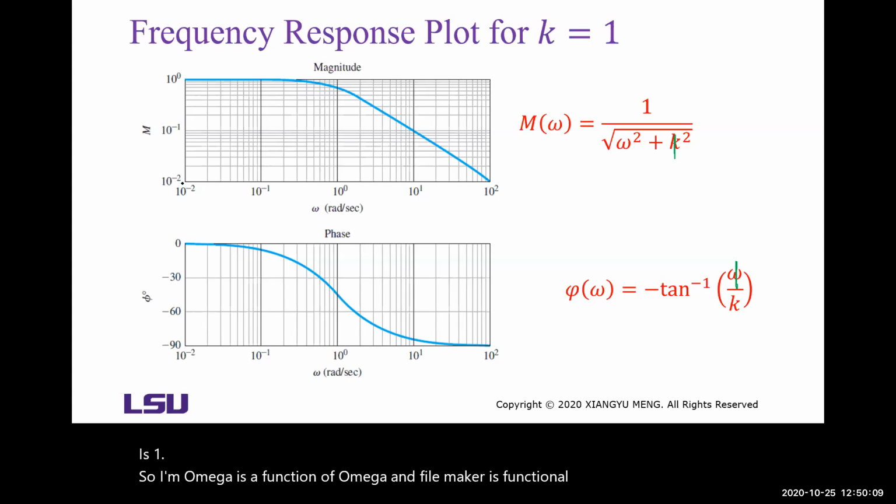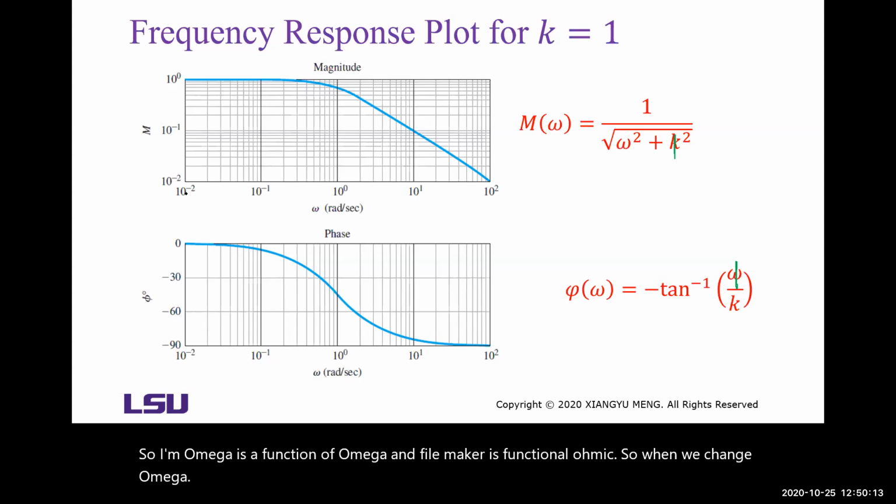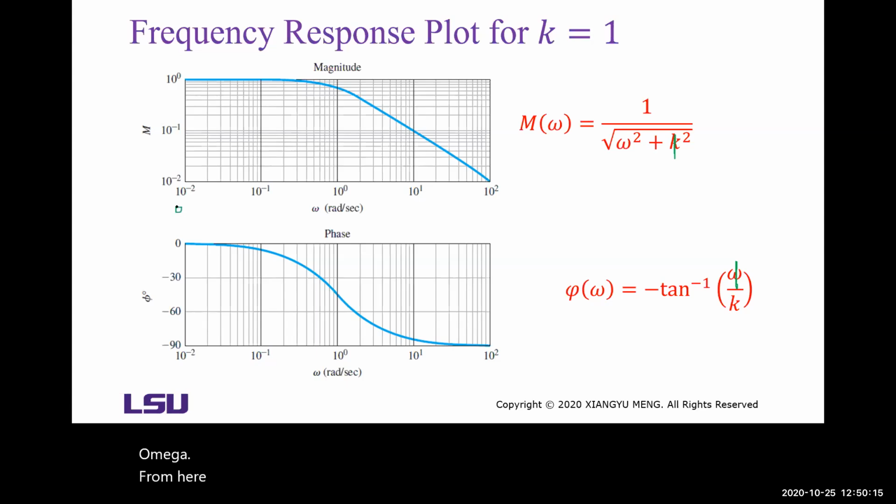When we change ω from 10 to the power minus 2, that is 0.01, up to 100, we draw this magnitude function or the phase function. This is called the Bode plot.